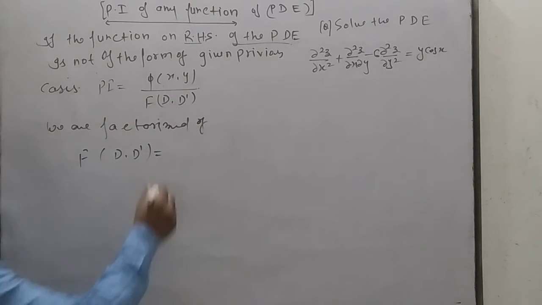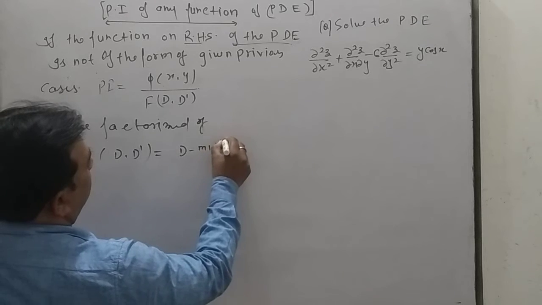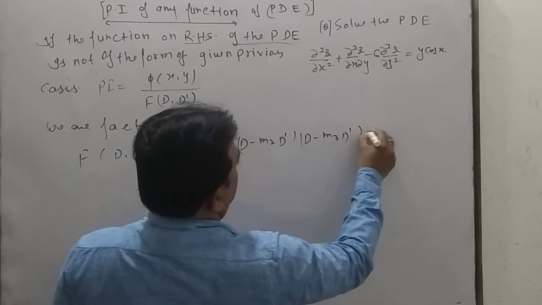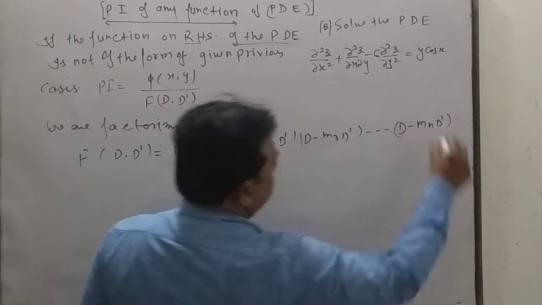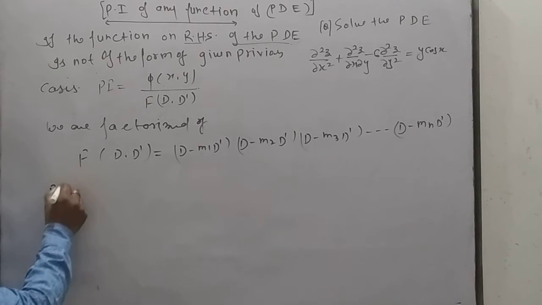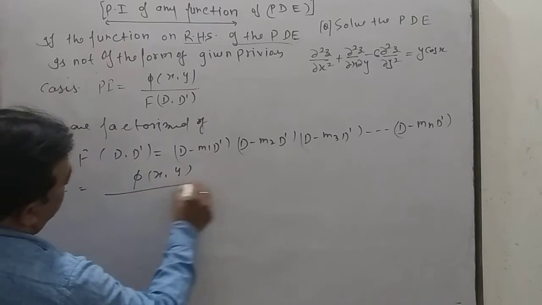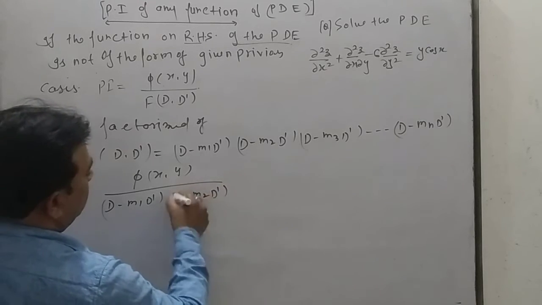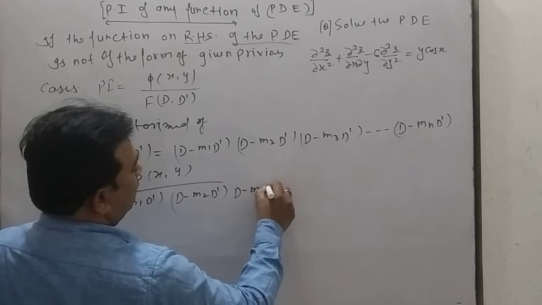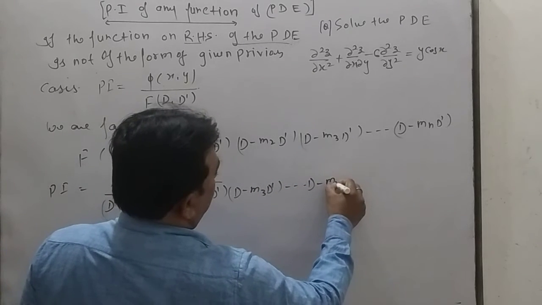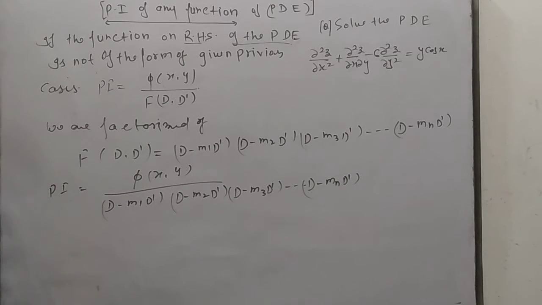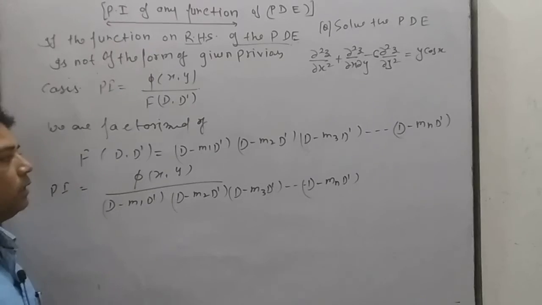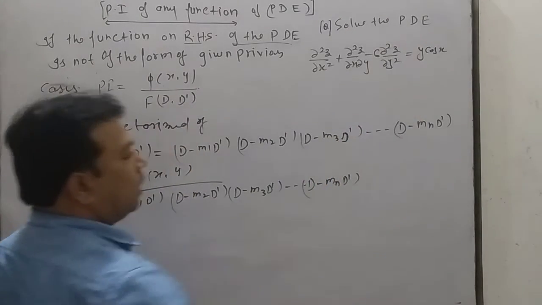We factorize f of D and D dash, and we get D minus m1 D dash, D minus m2 D dash, D minus m3 D dash, and so on, up to D minus mn D dash. Then we get PI equal to phi of x comma y divided by D minus m1 D dash, D minus m2 D dash, D minus m3 D dash, and so on, up to D minus mn D dash. We factorize the denominator in this form up to the end term.